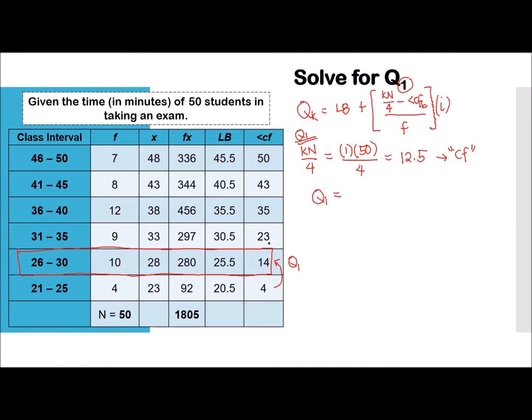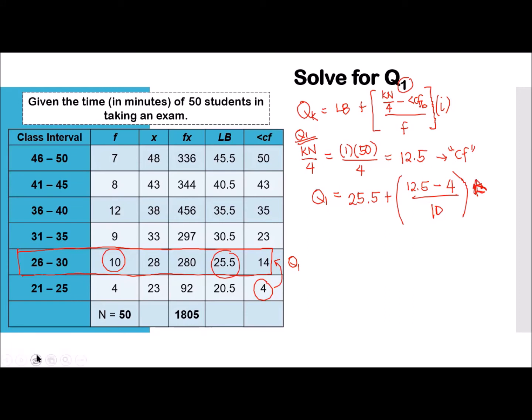Ang lower bound natin ay si 25.5. Tapos, ang ating quartile class, nakuha natin ay 12.5. Minus, nasa baba daw ng cumulative frequency, so that is 4. All over the frequency, which is 10, and then the interval is 5.